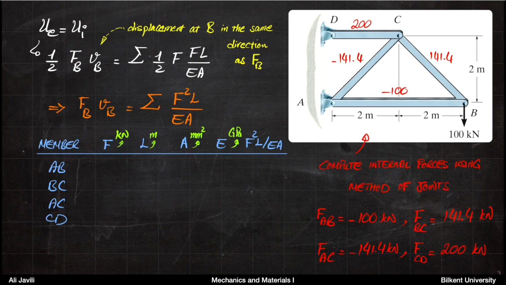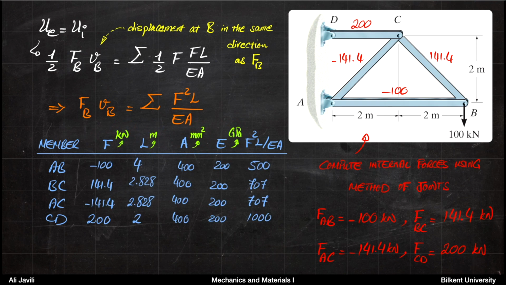And then for each of the members, we write the internal force F, its length, area, Young's modulus, and then the relation that we have here. So F squared times L divided by EA for that particular member. Also, I am writing the units to be careful.